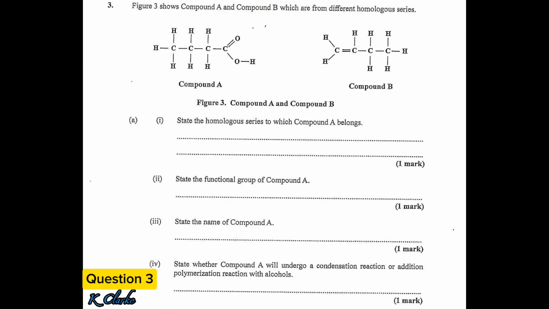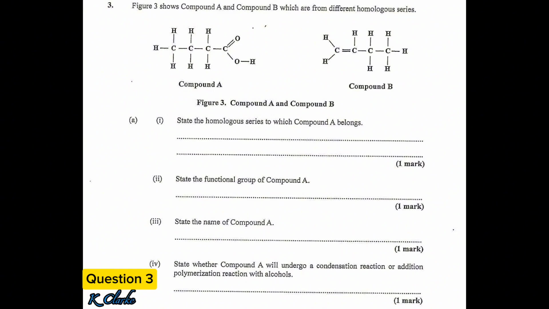Question 3. Figure 3 shows compound A and compound B, which are from different homologous series. A. Part 1. State the homologous series to which compound A belongs.